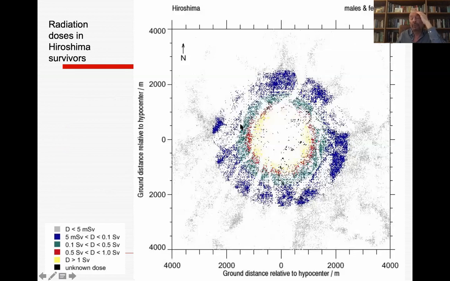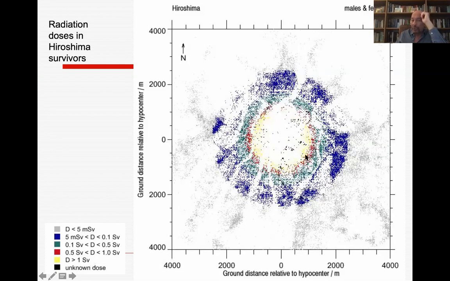I like this plot. This plot shows Hiroshima. 0, 0 is the hypocenter, and you see the map in terms of distance from the hypocenter in kilometers. And the color scale gives you the dose, every dot in this map indicates a single survivor. It's really amazing, you see.